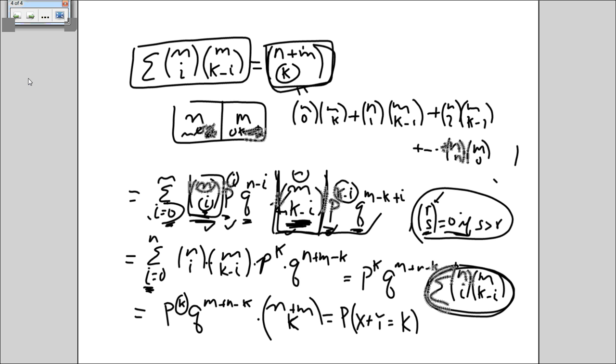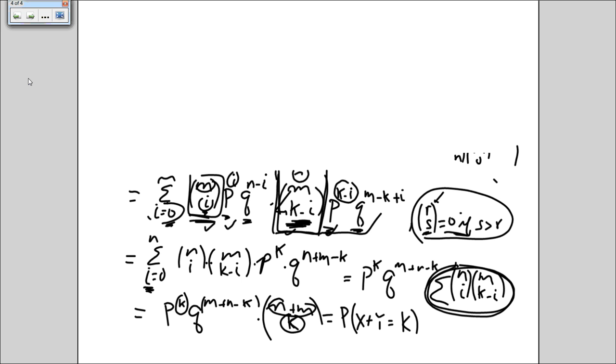You put k there, and then for the other power, you put this minus that. That's how you can remember. And again, it's just plug in. If you're given what n, m, and p are, this is a snap. There's no problem here.